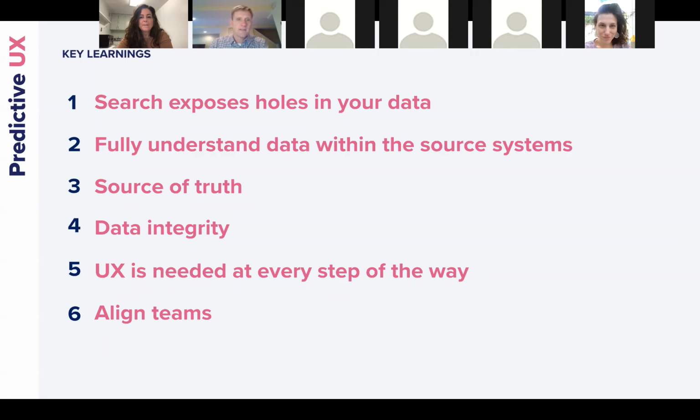Lastly, one of the crucial aspects of knowledge graphs is that they pull multiple sources of data. In doing that, you're pulling from multiple teams. And we'll get into this in a little bit when we talk more about the data: you have to align the teams, and they have to make sure they talk in a common language. They have to make sure that they understand what data is coming from what system.